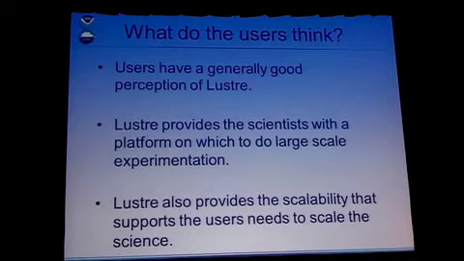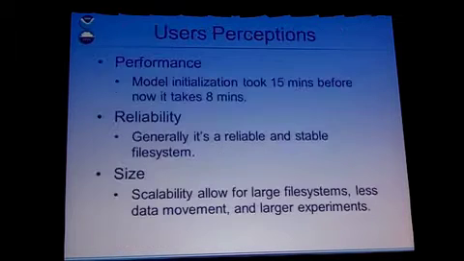They're there to make their science better, to further the goals of NOAA, and that's the platform that they get to do it on, and it really benefits them. It also provides the size. We can scale this. One of the big factors of science, the scientists want to scale their codes up. They want to get better resolution in their models, and this is a platform that allows them to do it.